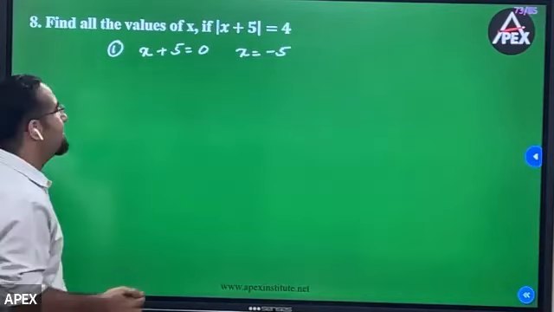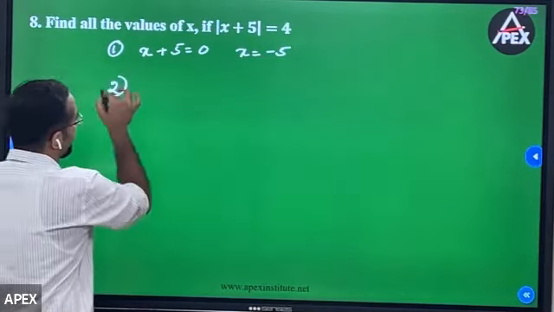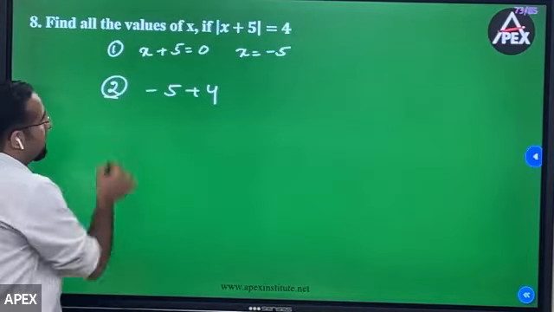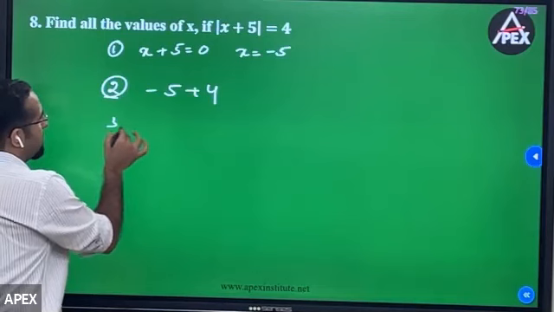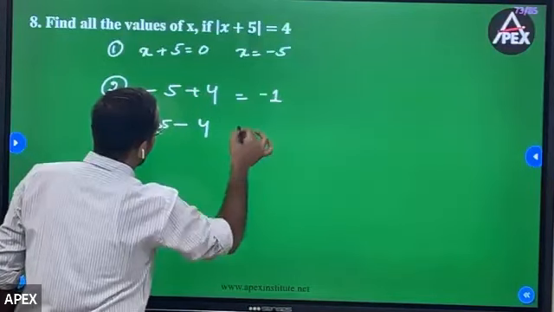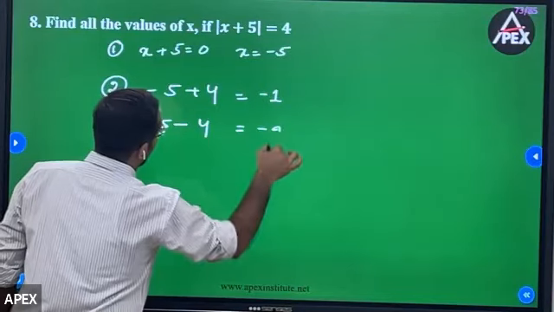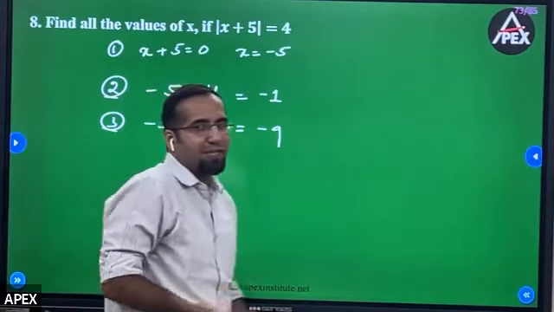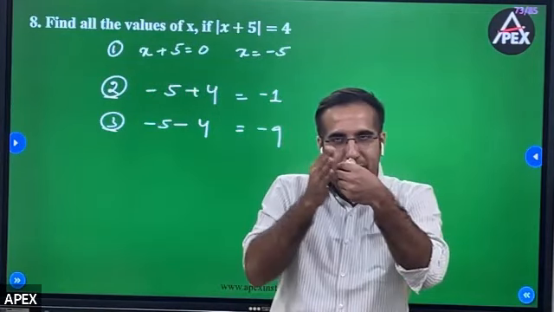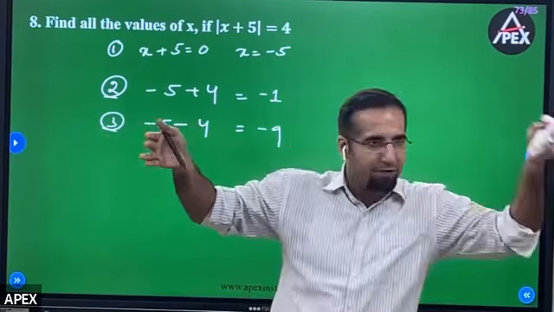So the easiest shortcut here is: point number 2, minus 5 plus 4 will be one of the points. Point number 3, minus 5 minus 4 will be the other point. That means I am at point number minus 1 or I am at point number minus 9. If you can visualize much better, I am standing at minus 5, 4 on my right means minus 1, 4 on my left means minus 9.